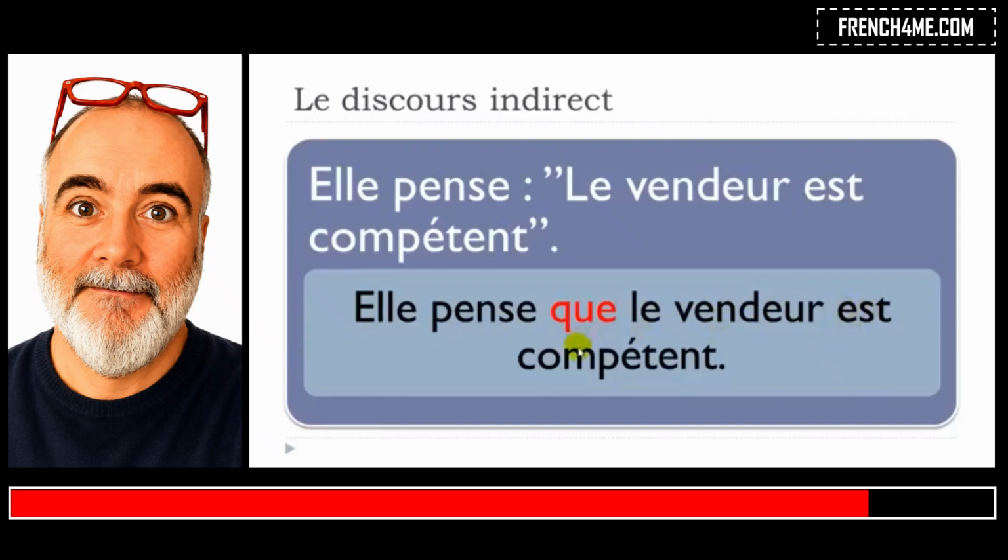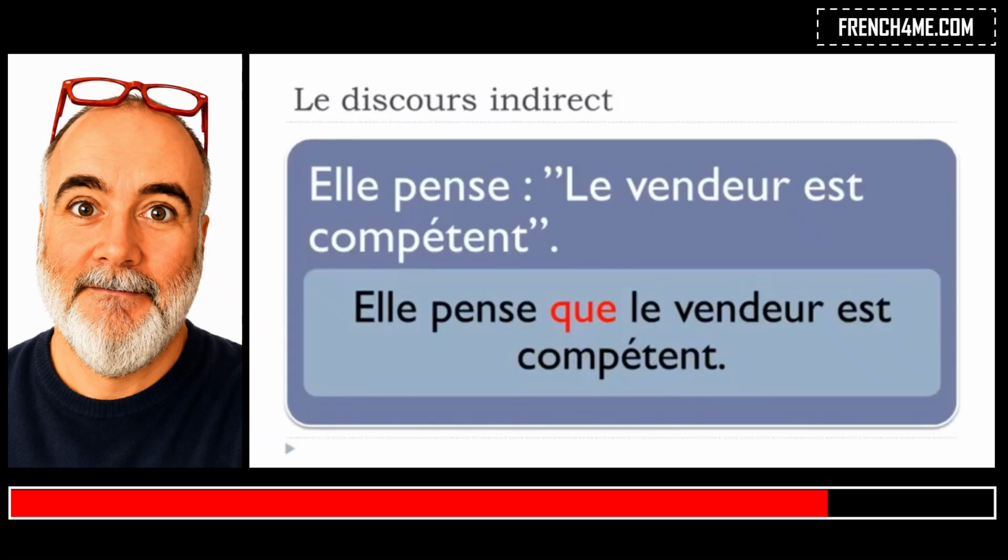Le vendeur est compétent. In that sentence it's quite simple because, if you have a look at the first structure we've got here, and then the second structure, it doesn't change that much. You only need to add this que, and then you will remove a few things, but no main changes in the second part of the sentence.